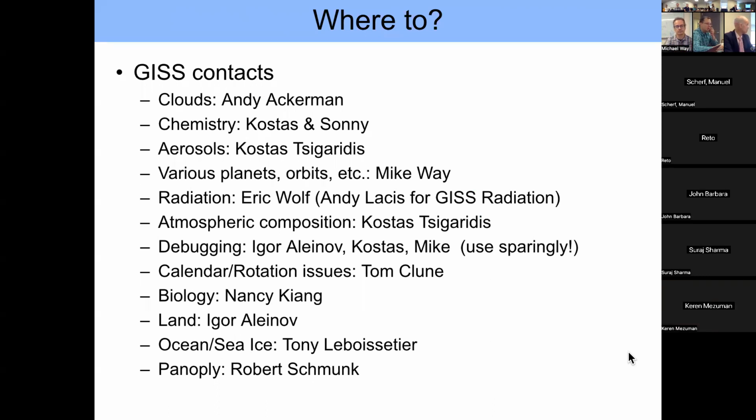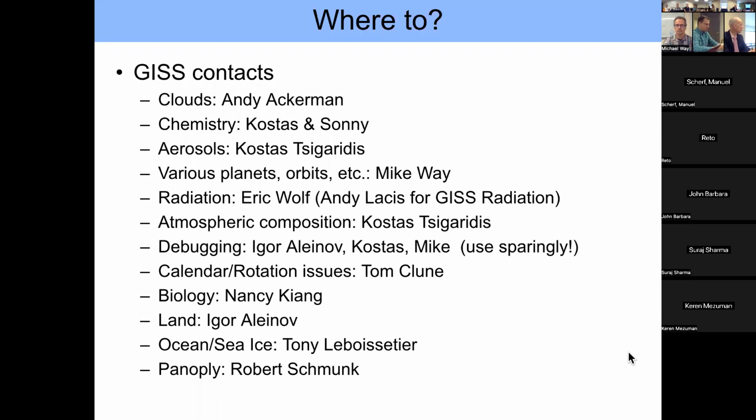Our cloud person, a real cloud person, Andy, does cloud microphysics ab initio studies, and he's in charge of major components of the cloud convection schemes in the Earth GCM, and he worked closely with us. Kostas Ligoridis, who you just heard, and Sunny Harmon are working on atmospheric chemistry for the model, which we'll touch on a bit later. And Kostas is also in charge of the aerosol components.